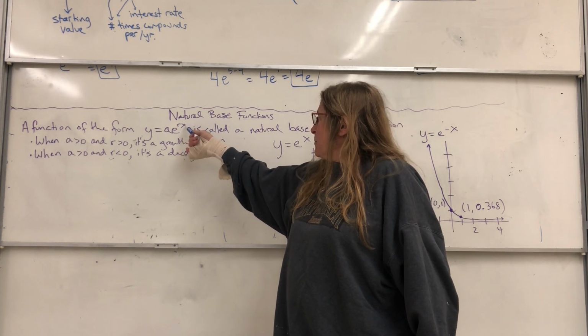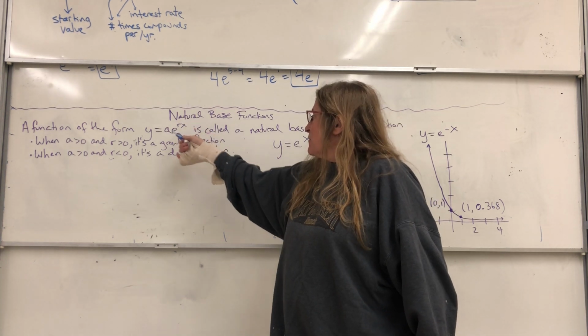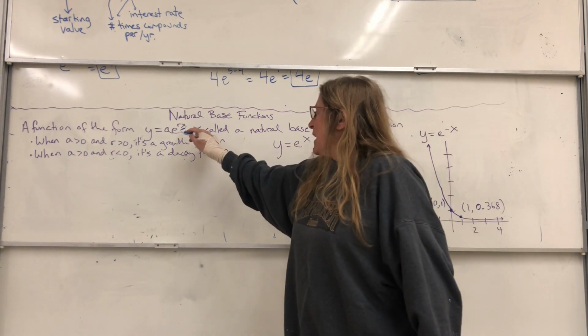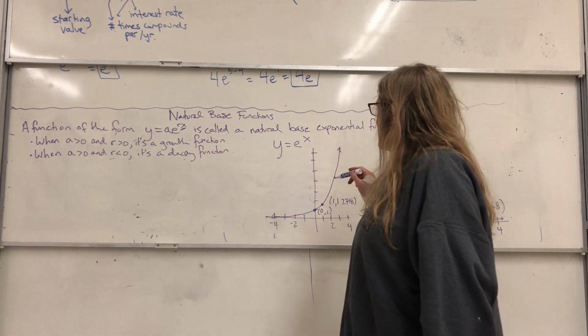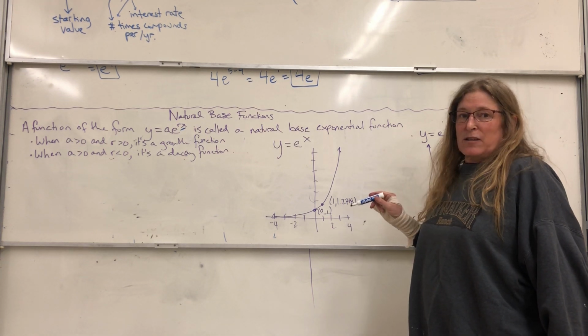Notice e is the base to which x is raised. That's how we know it's an exponential function. e is the base and x is the variable. So when e is the base, we call it a natural base exponential function.